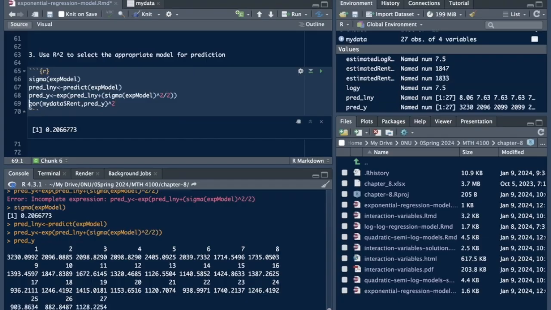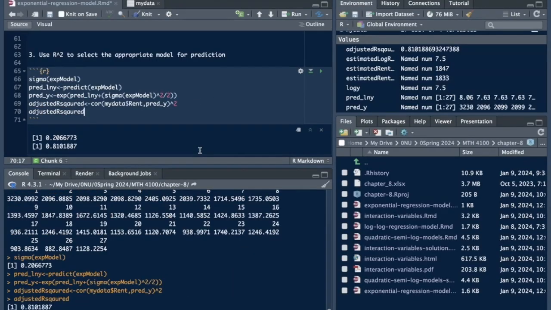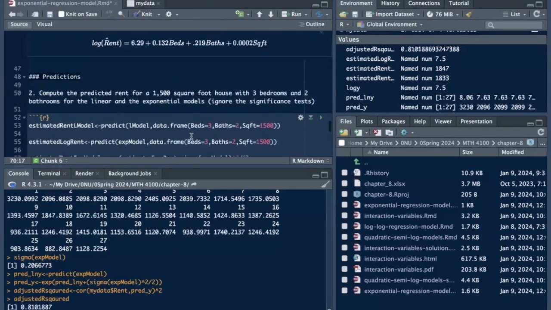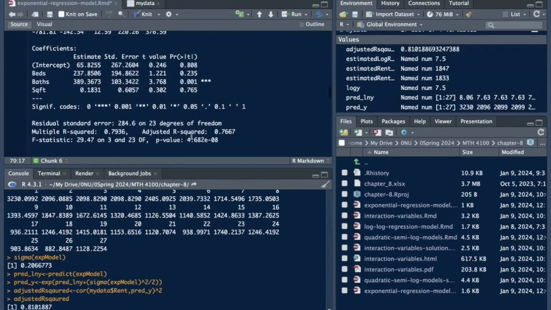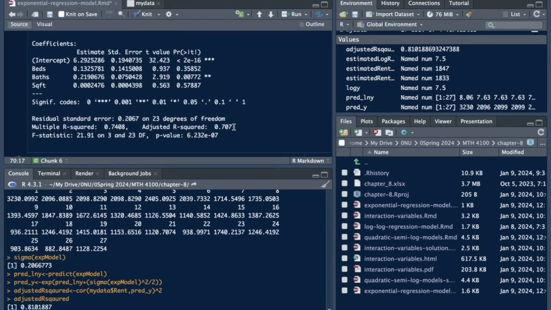This is going to be our adjusted R squared. I'm going to call it adjusted R squared. It's 81%. So the adjusted R squared for the linear model was 76%. For the second one, it's not 70%.